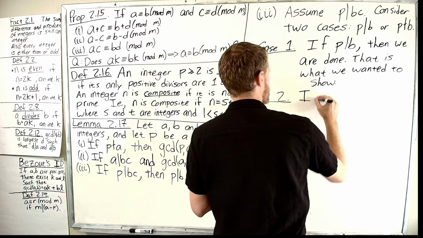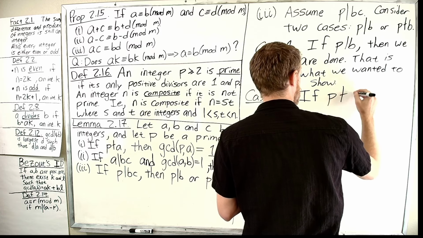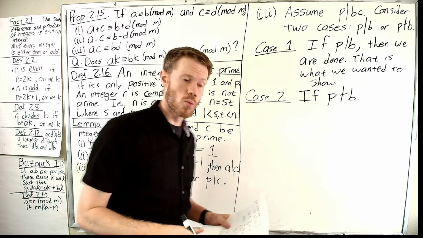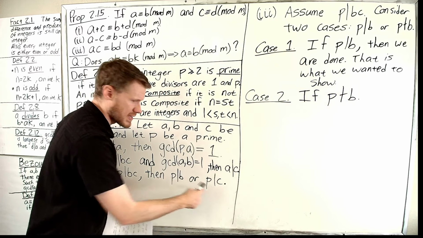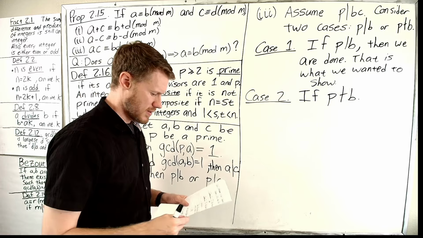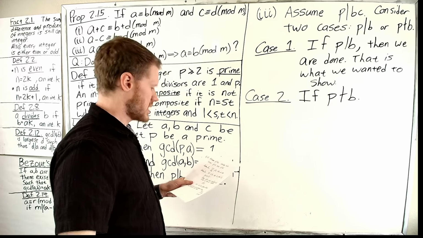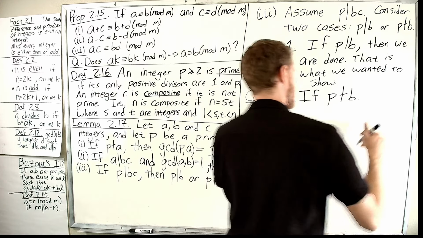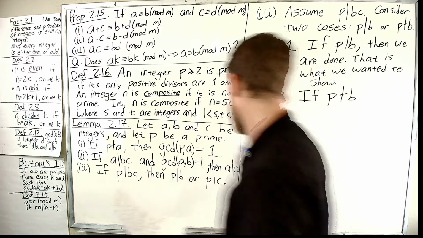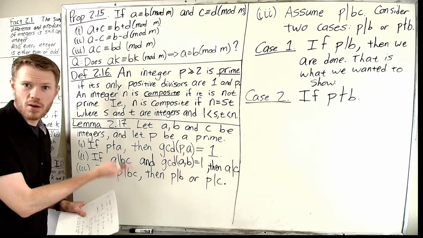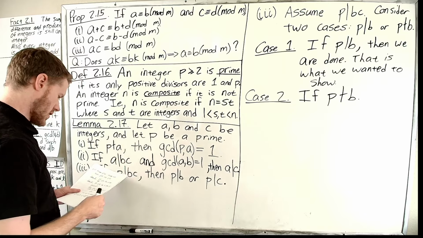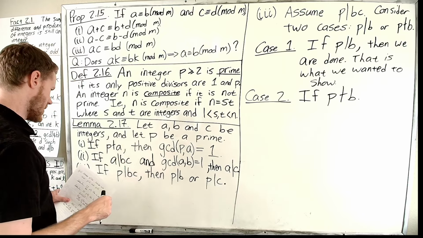What if P does not divide B? In this case, we want to show that it must divide C. So that's our goal. If it divides B, we're done. If it doesn't, how can we prove that it divides C? Well, I mentioned that we have parts 1 and 2 that we've already proven.